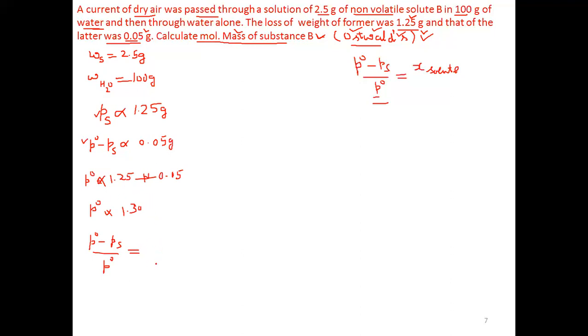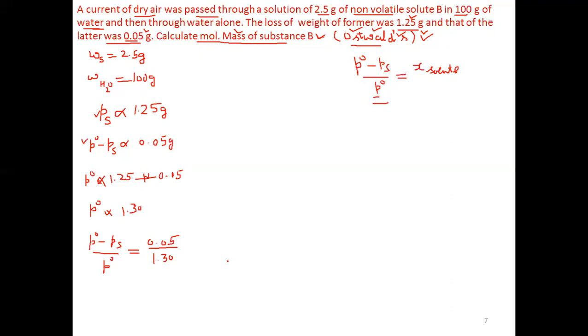So that is equal to P naught minus Ps, 0.05, divided by P naught is 1.30.